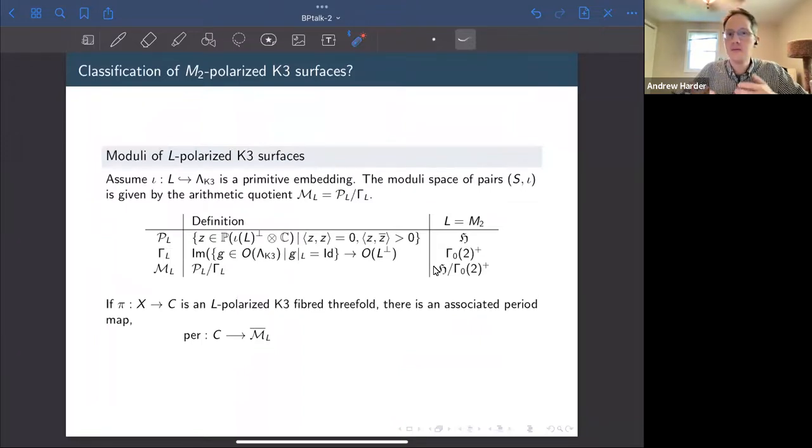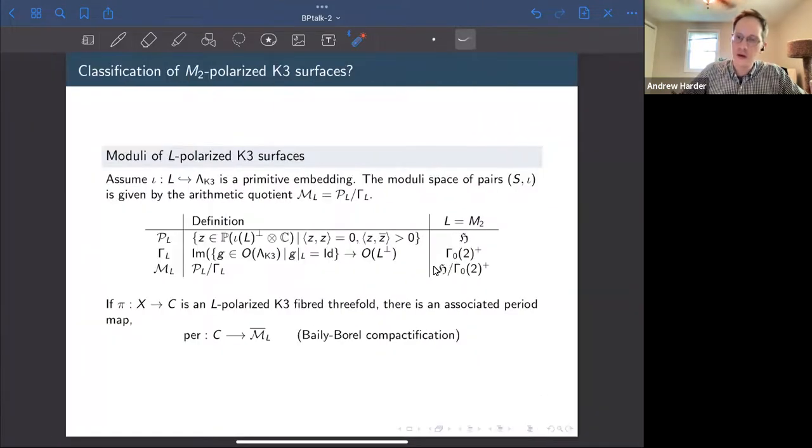Okay, so now we can use this as sort of an invariant of a lattice polarized K3 fibred threefold. So what we get is anytime we have a lattice polarized K3 fibred threefold, we get a period map from the base curve of the K3 fibration to the compactification. So this is the Baily-Borel compactification of the moduli space.